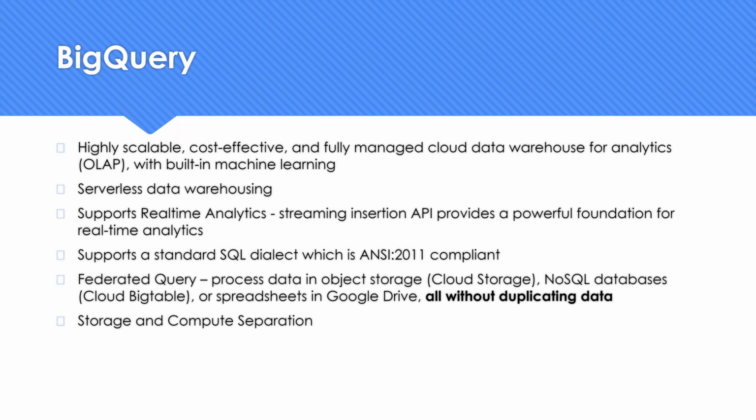The product name is in your spreadsheet, so it's more like a lookup table. You can do that very easily with a spreadsheet in your Google Drive and a huge amount of data in your BigQuery. A very nice option to do a join. So federation is really important. We will see one such demo where we will use Google Cloud Storage.